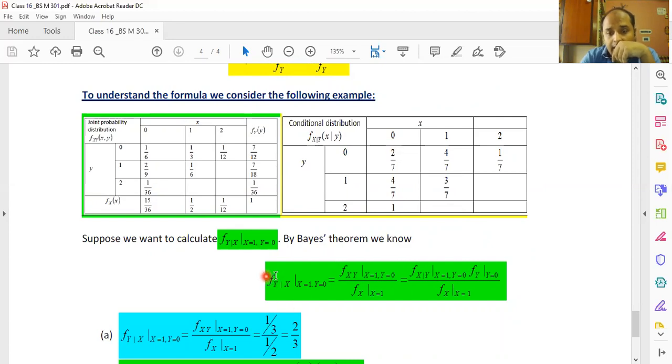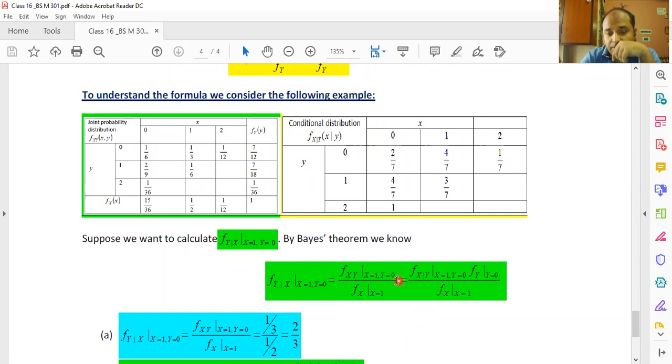To calculate the conditional probability of y given x at the point x equal to 1 and y equal to 0, I have first written the formula with the help of the joint probability and the marginal probability. So I have written f of xy at the point x equal to 1 and y equal to 0 divided by the marginal probability of x.